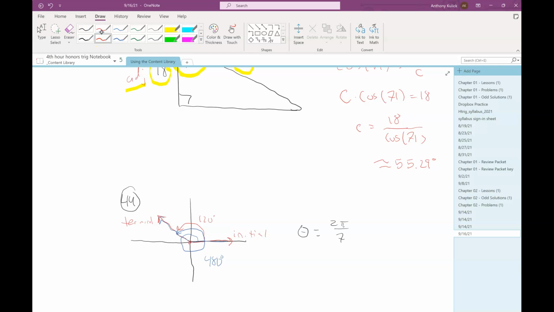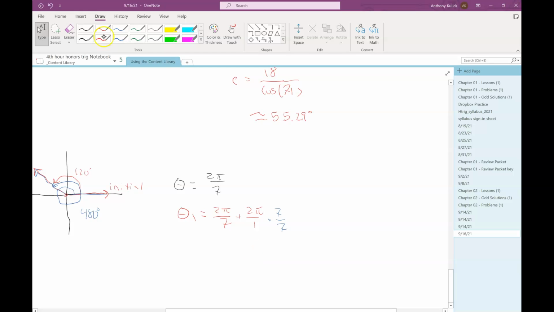So to get a positive angle that's coterminal to this, I'm just going to add 2 pi. To add these two fractions, I need a common denominator, and that common denominator is obviously going to be 7. So I have 2 pi over 7 plus 14 pi over 7, which gives me 16 pi over 7.